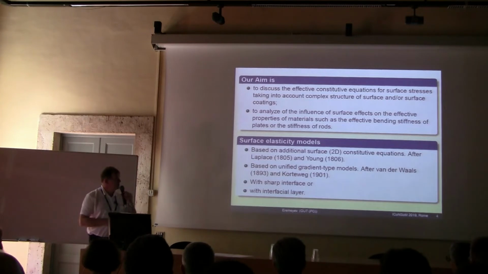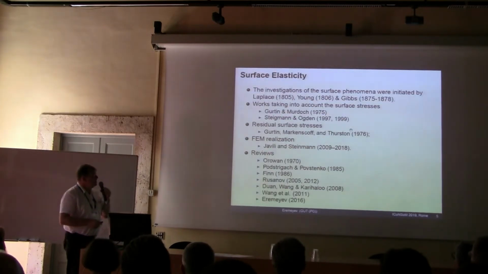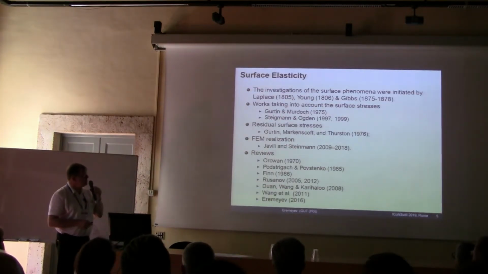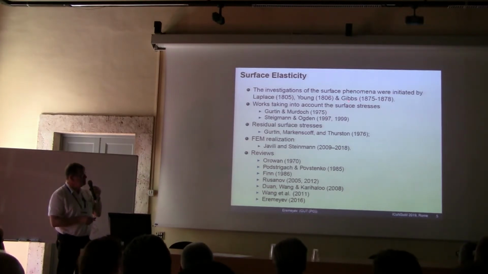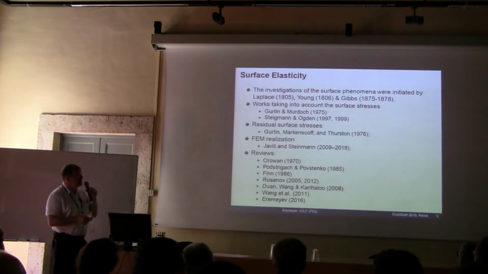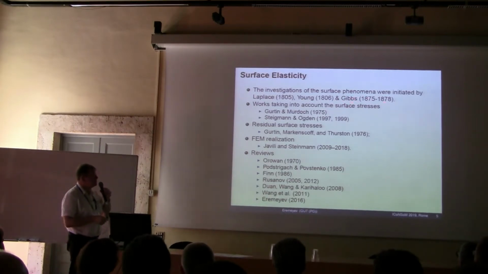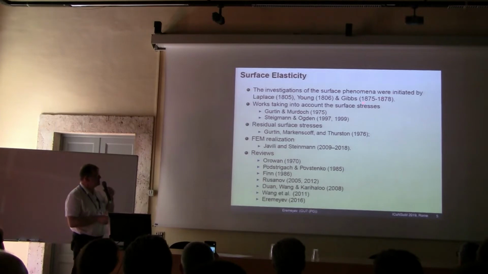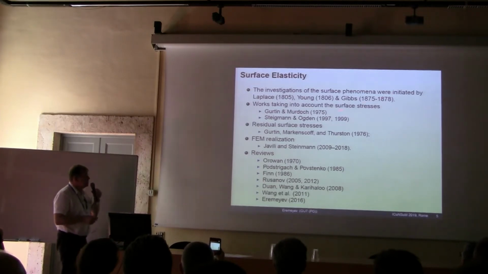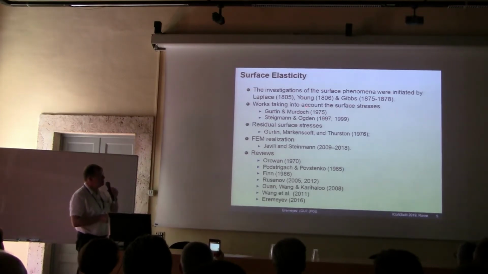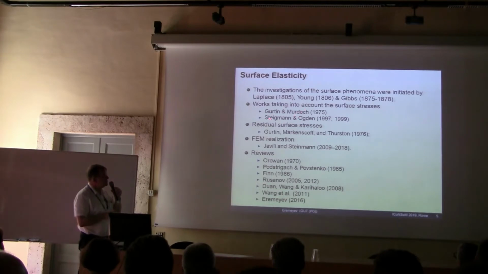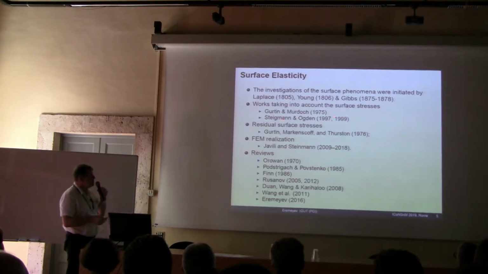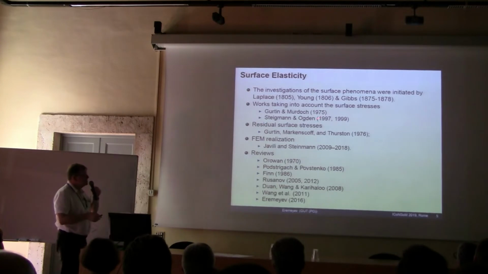Okay, so speaking about surface elasticity, it should be mentioned the works by Josiah Willard Gibbs, who introduced surface tension for crystals and solids in general, and for the most applicable theories, it was the theory by Gurtin and Murdoch, and then this theory was extended by Steigmann and Ogden to consider the bending stiffness.